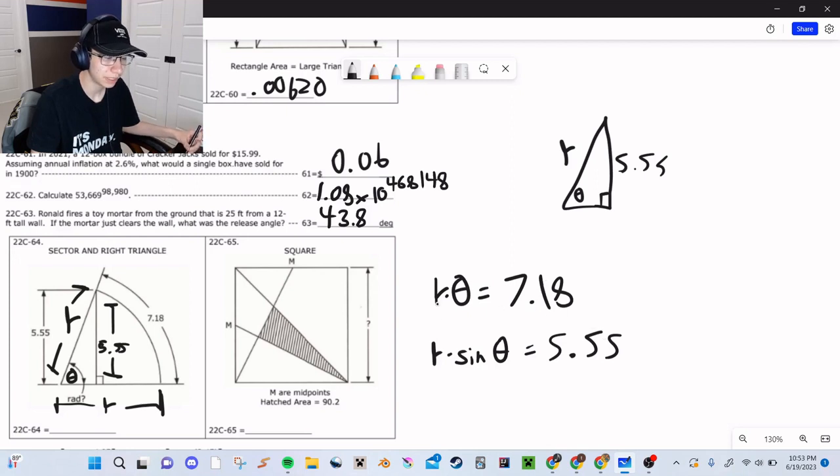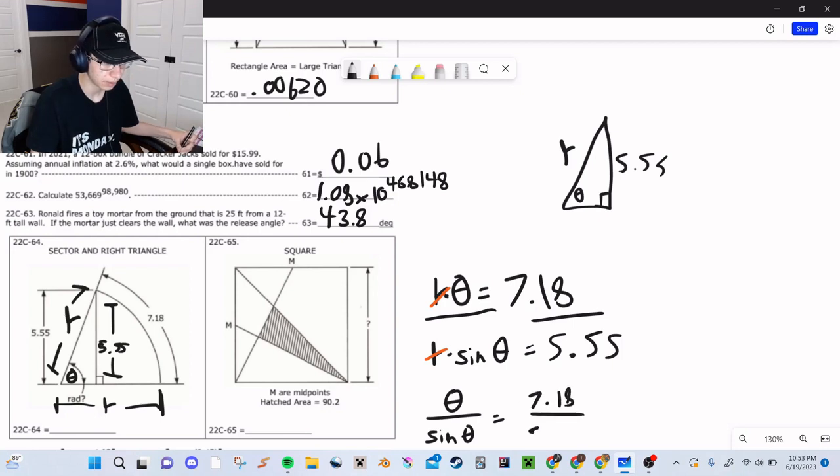So I have these two equations that relate r and theta. I can divide these two equations to get rid of the r term, which I don't know, so that's useful. So I have theta over sine theta equals 7.18 over 5.55. So I go into my solver, make sure you're in radian mode.